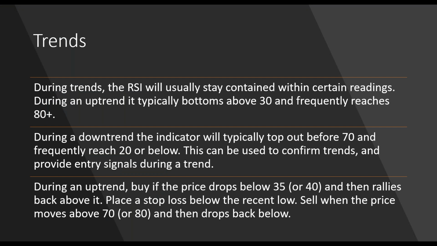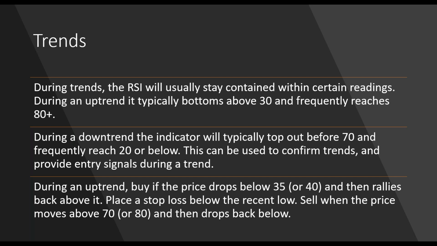During trends, the RSI will usually stay contained within certain readings. During an uptrend, its typical bottoms are above 30 and it frequently reaches 80 plus. During downtrends, the indicator will typically top out before 70 and frequently reach below 20. This can be used to confirm trends and provide entry signals during a trend.